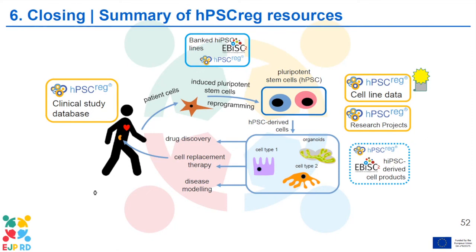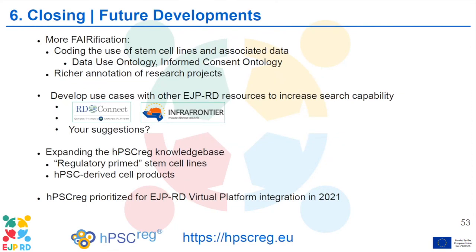For future developments, we want to perform more verification of the data, and this would include using data use ontology and informed consent ontology with regard to the ethics surrounding the donation. And as I was making this presentation, I realized that we could actually collect a lot more data on the research projects.